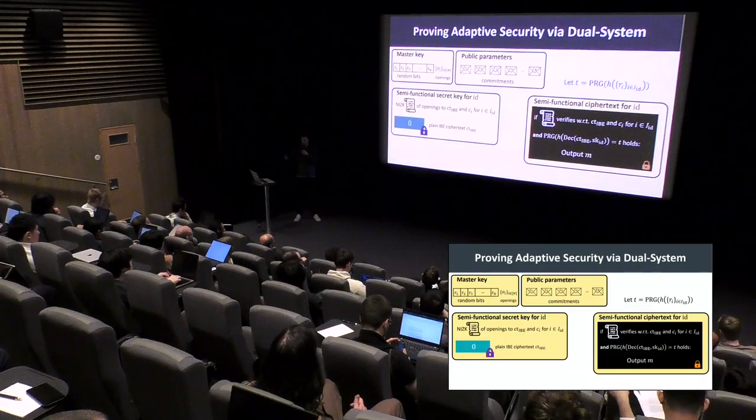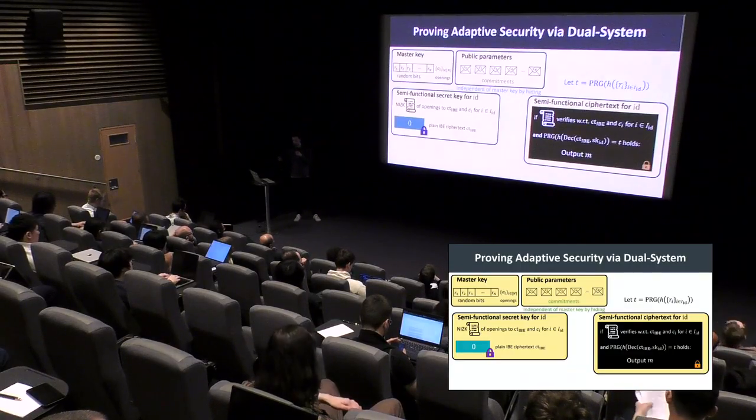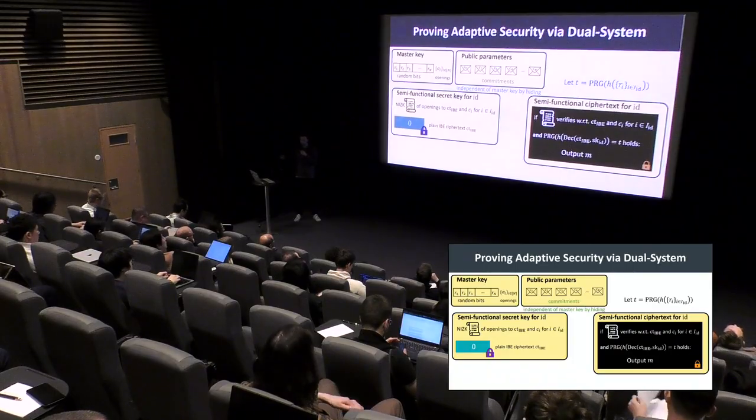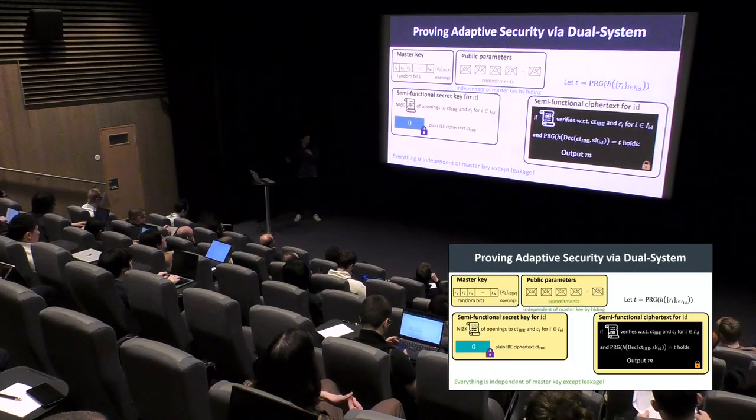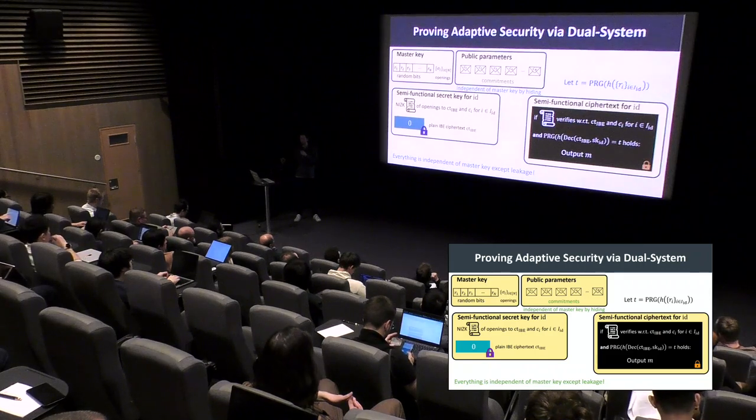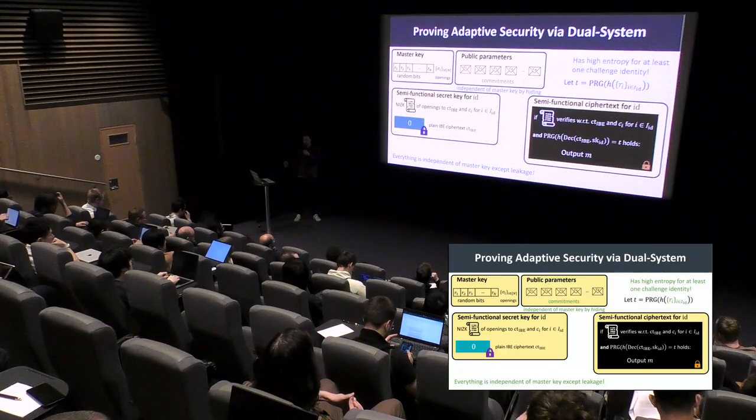So when both components are semi-functional, the commitments are again going to be independent of the master key, and we're again in a spot where everything is independent except for the leakage. But as we know from before, this hash function, which chooses the set capital I, is going to guarantee that one of these identities has high entropy.